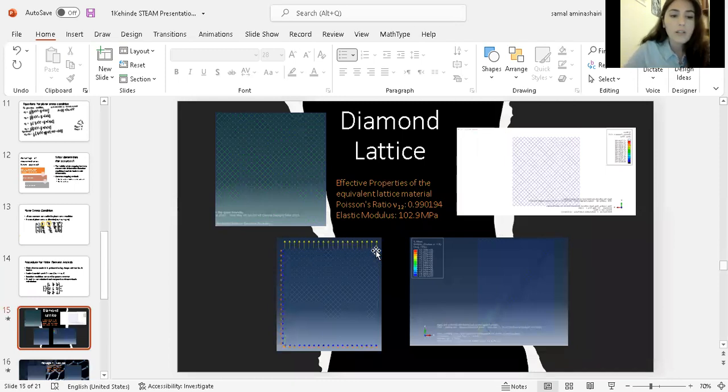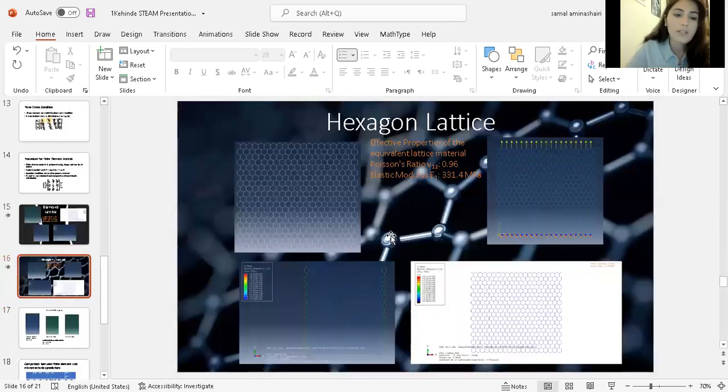Here is the result for the diamond lattice from Abaqus finite element analysis. The Poisson's ratio, as expected, is for a mechanism, which is 0.99. And here is the result for the hexagonal lattice from Abaqus finite element analysis.